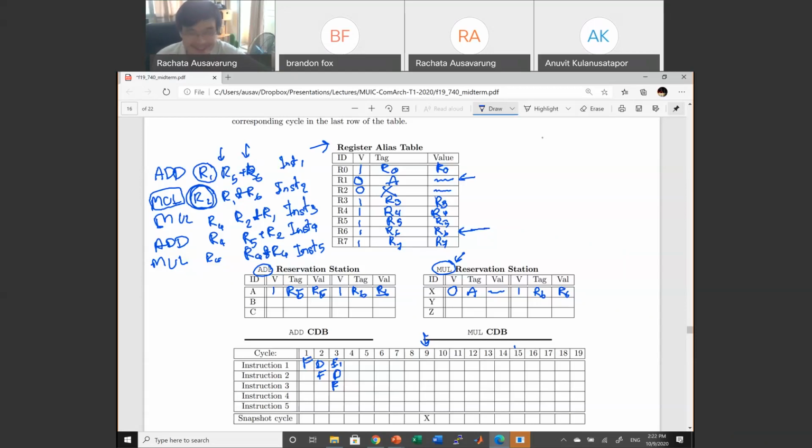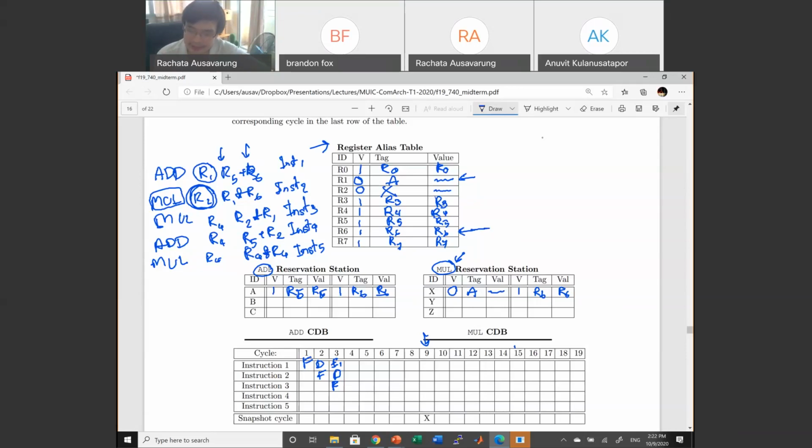Yes, that's a great question. And yes, this is what has been implemented in your hardware. Exactly something similar to this. On your CPU that you buy, it would have a table similar to this to keep track of these valid bits, the tags and the value.